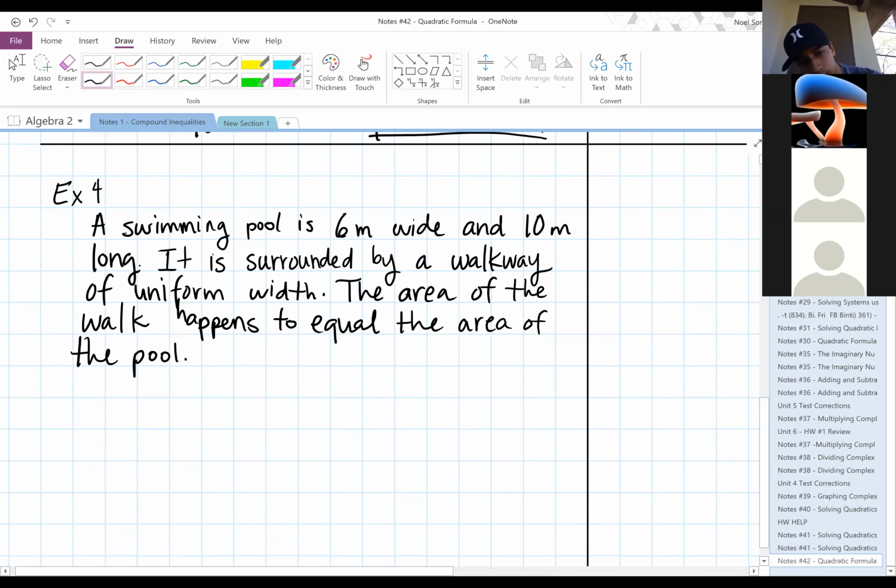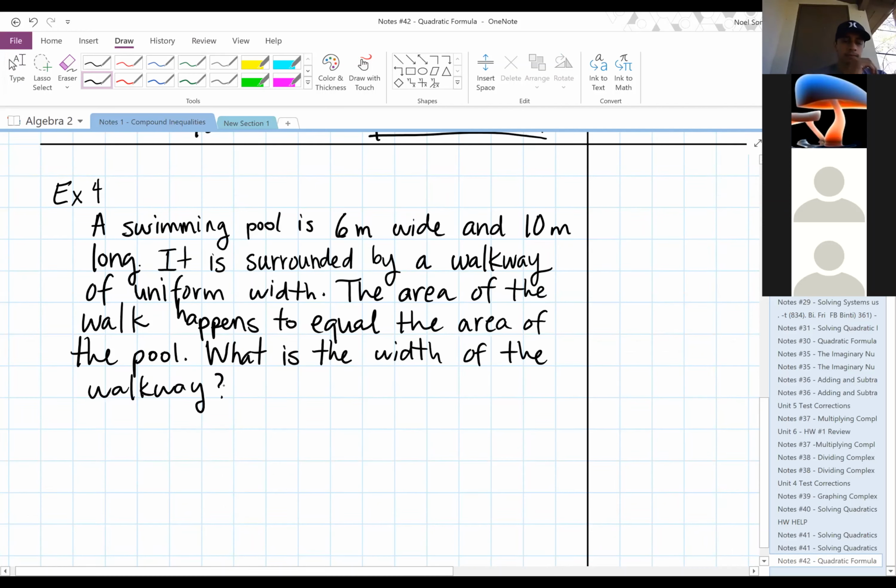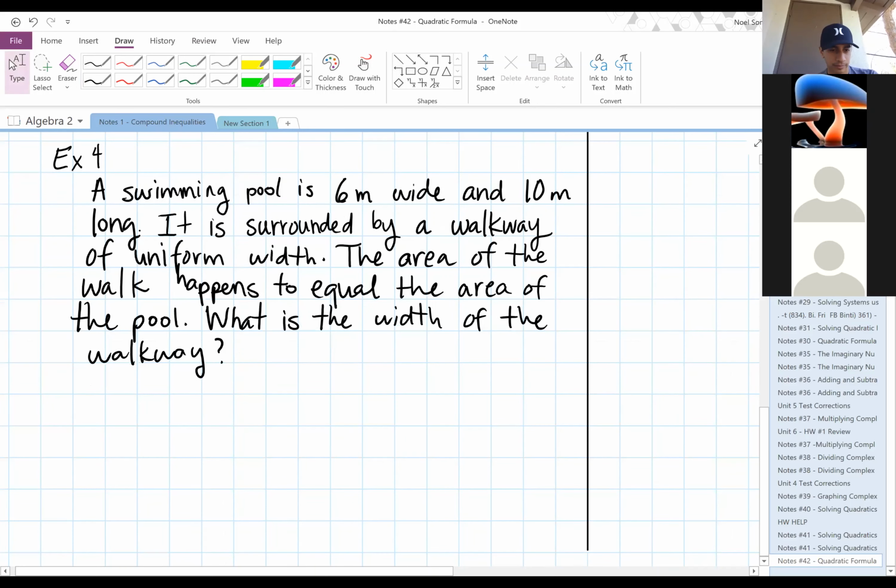Okay. So what is the width of the walkway? Okay, so I'll give you a second to copy that down. But I'm going to start here with drawing a little diagram. Okay, so I'll give you a few seconds to catch up.